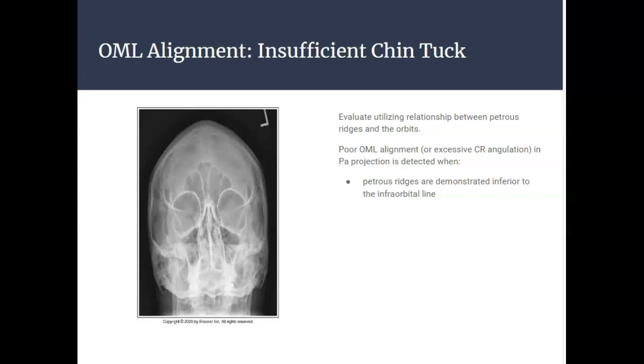If they're demonstrated inferior to the infraorbital line, the inferior orbit here, which they're down here, then we have insufficient chin tuck. You need to bring that OML back to perpendicular to the IR to obtain an adequate image.